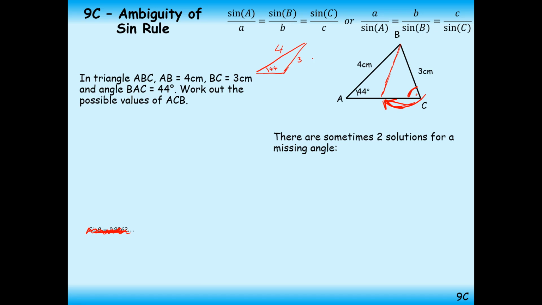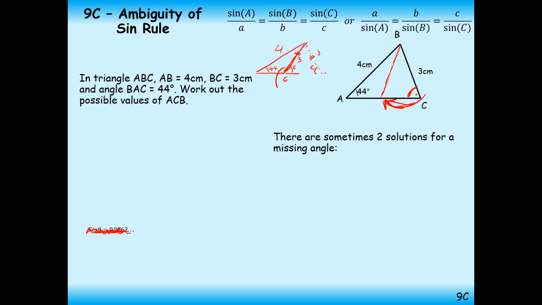So the angle that was originally C is now different, because this triangle is isosceles. That length 3 is the same length as this 3. So this isosceles triangle means that this point C moved here.